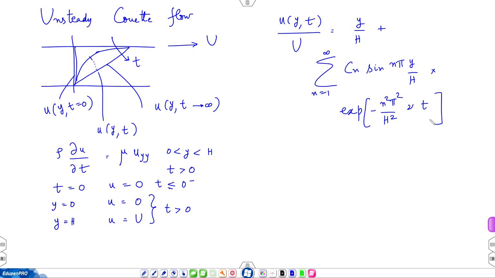So, this is an infinite series solution where Cn is from 0 to h.